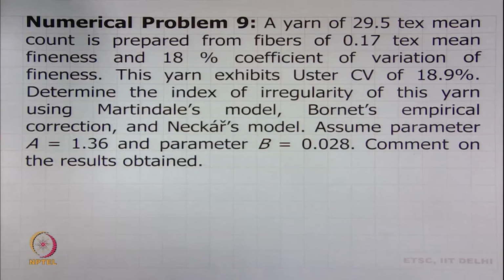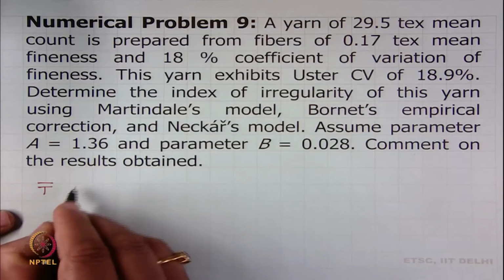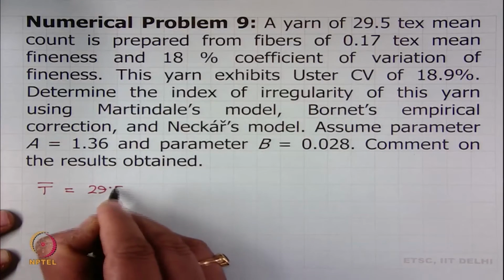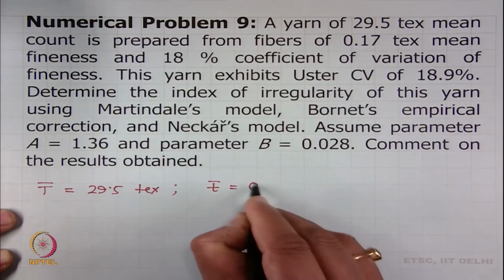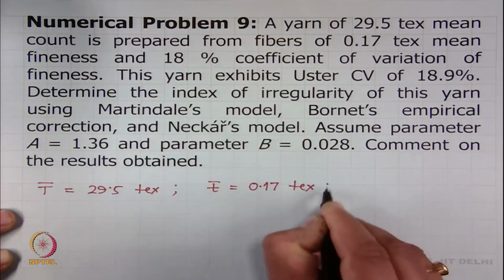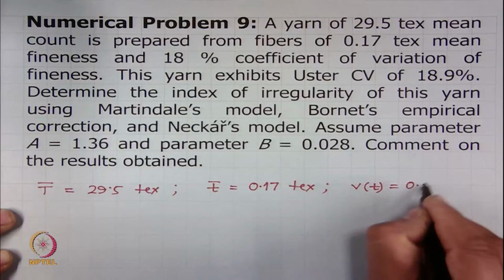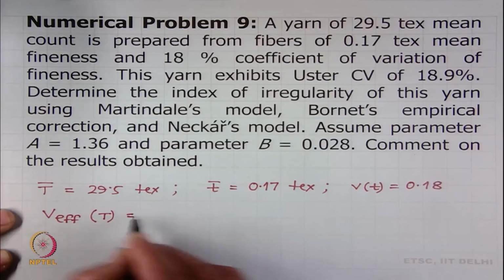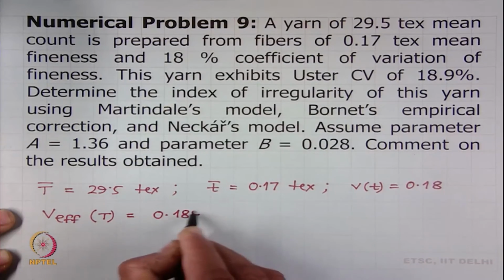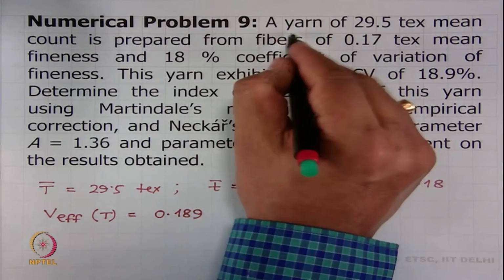So, what is given here is capital T bar 29.5 ktex, small t bar 0.17, and V t 0.18, and also the measured CV of yarn is given.